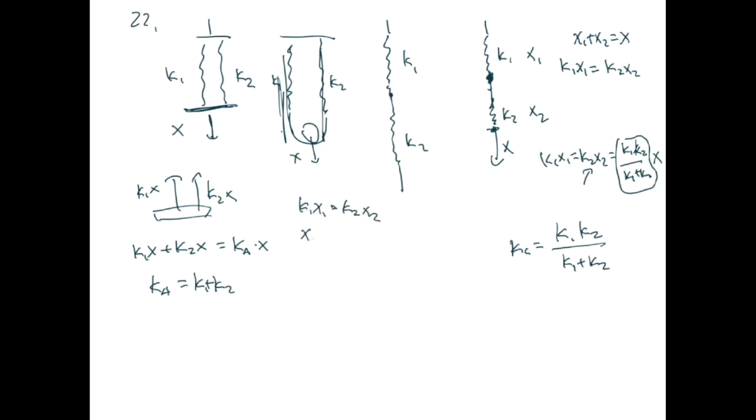But then we'll have x1 plus x2 equals 2x. So now if we try solving this equation, it will be similar, except we'll get an effective spring constant that is 4 times the spring constant if they were in parallel. So this is KB.